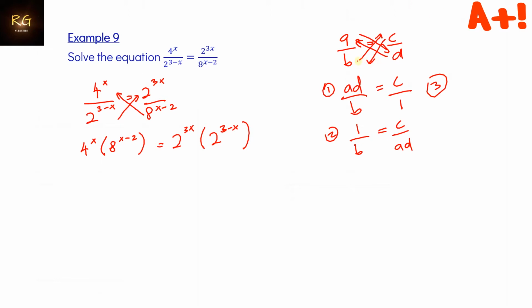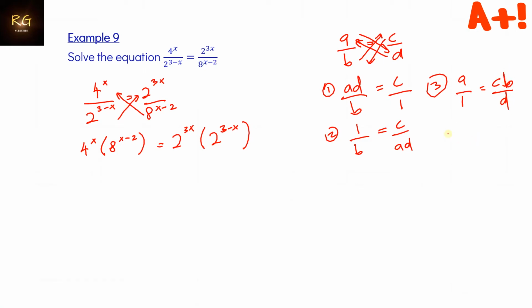If you want to move b and attach itself to c, the remainder will be 1, and it will be a over 1 equals c multiplied with b over d.